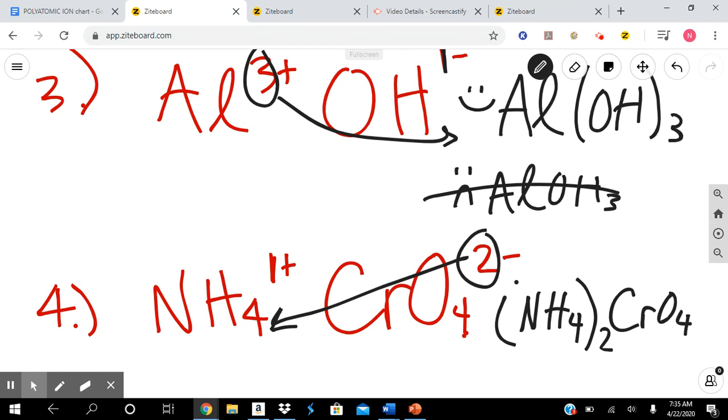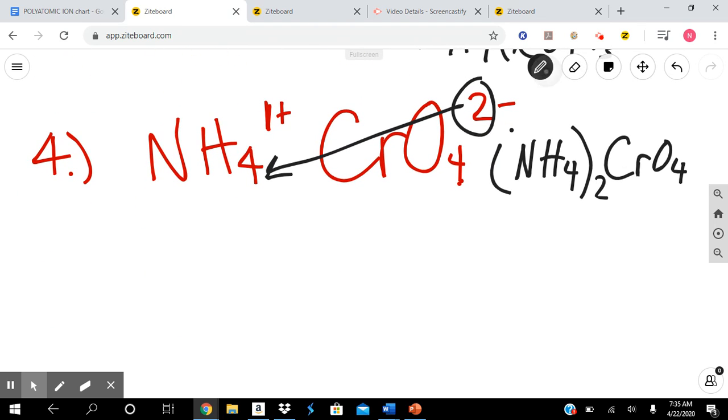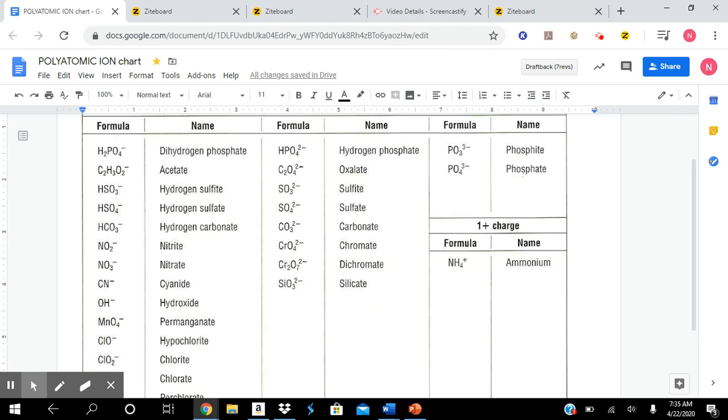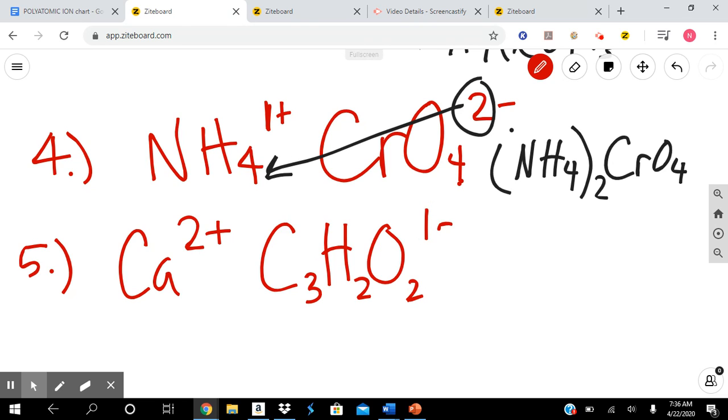All right. Number 5. Number 5 is calcium acetate. Calcium is in group 2. Acetate, if you have problems finding it, it's up here. C2H3O2, 1 minus.